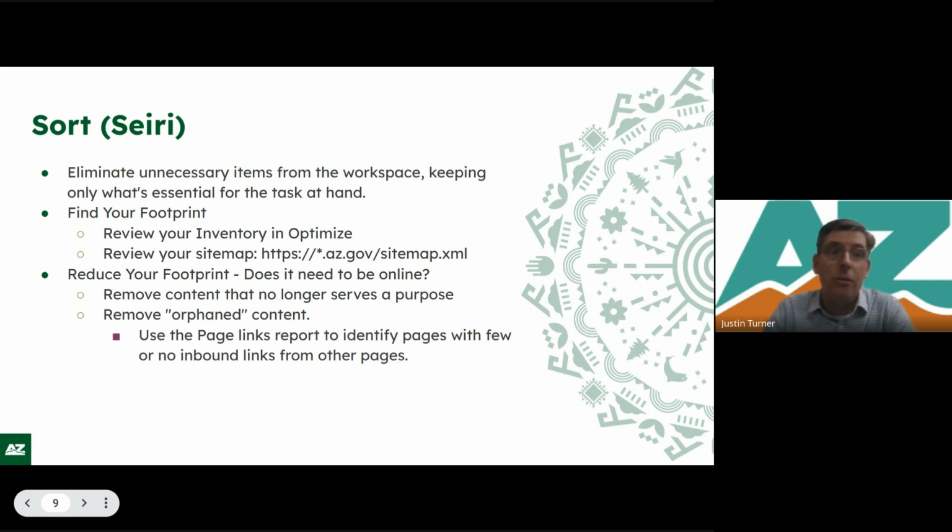There's actually another tool within the Optimize system, and we'll create a video on how to use this, but you can generate the page links report to identify, for every page on your website, how many other pages are linking to that page.